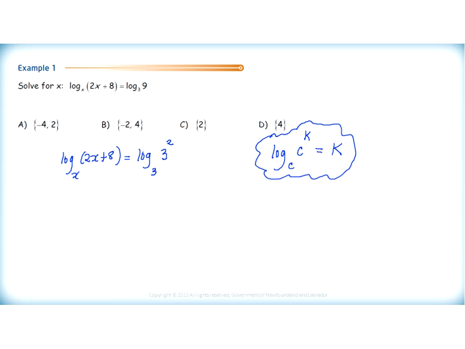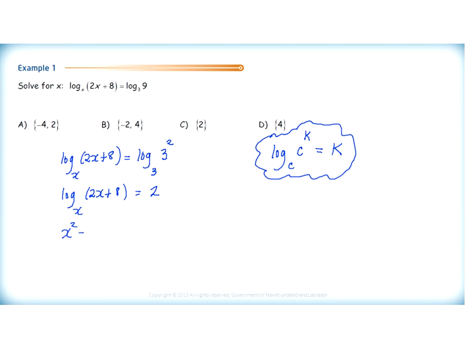Recall the property of logs. The log of c to the power of k to base c is equal to the exponent k. So we will apply that property of logs to the right-hand side of this equation. So we have the log of 2x plus 8 to the base of x is equal to 2.